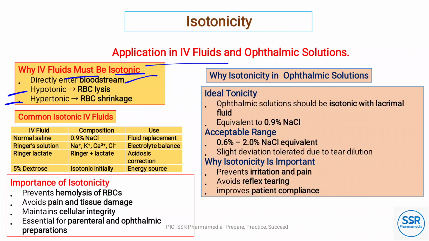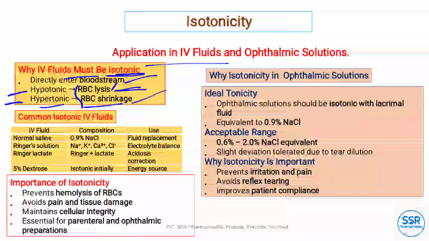A hypotonic solution entering the bloodstream leads to RBC lysis, that means RBC cells burst and break down. If it is hypertonic, RBC cells shrink. In both conditions, red blood cells will not properly transport minerals and oxygen. That's why the solution should be isotonic, so there is no RBC lysis and no RBC shrinkage.